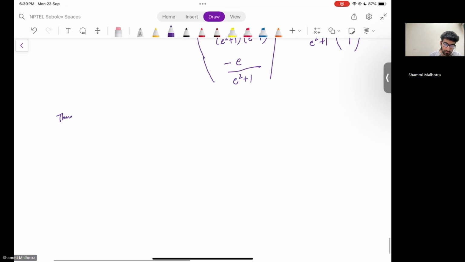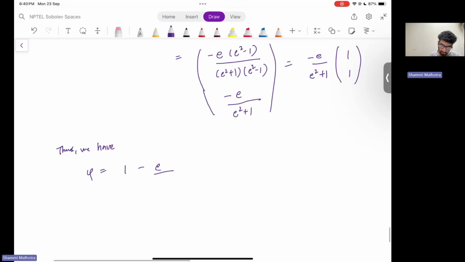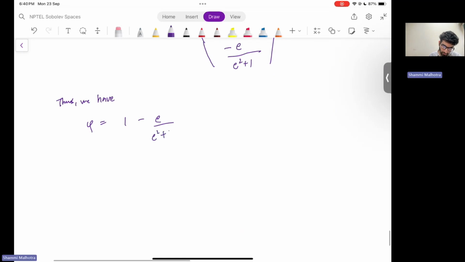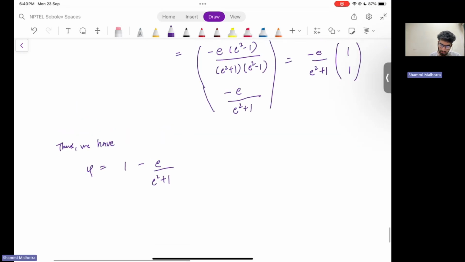So what do we have here? We have phi equals 1 plus, in fact, minus 1 times 1 divided by e square plus 1, and then this 1, 1.